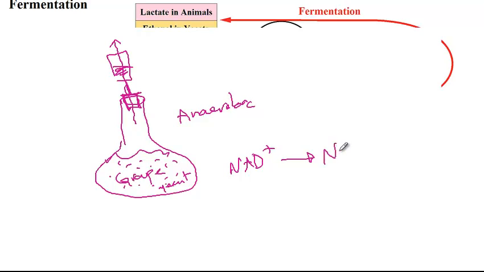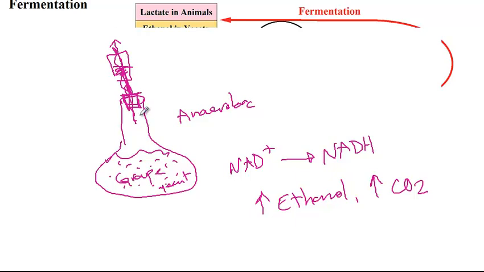And so NAD plus will be regenerated, but then there will be also increased ethanol production and increased CO2. And that's why you will see that bubbles keep coming out of the container. It's because the CO2 is being released throughout this fermentation reaction in order for glycolysis to carry out.